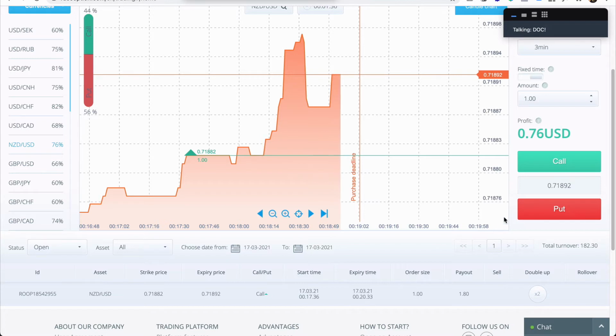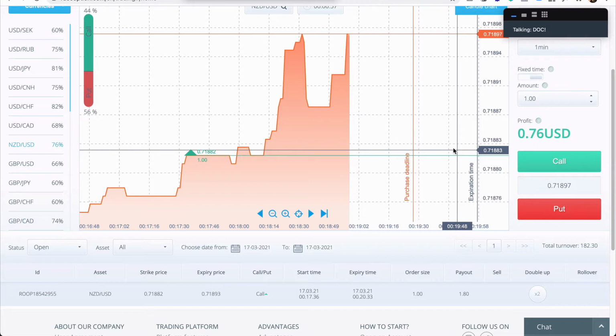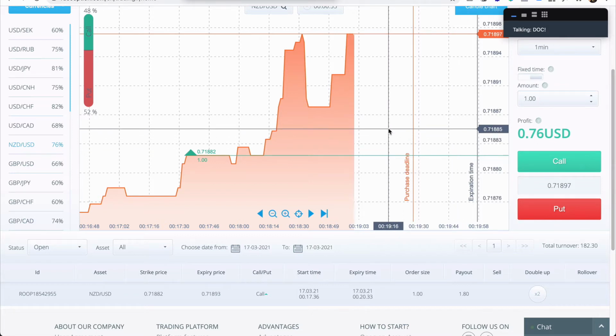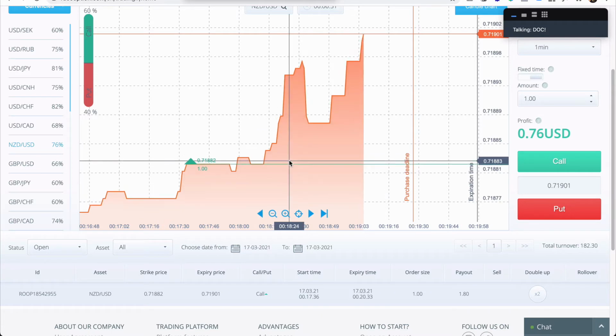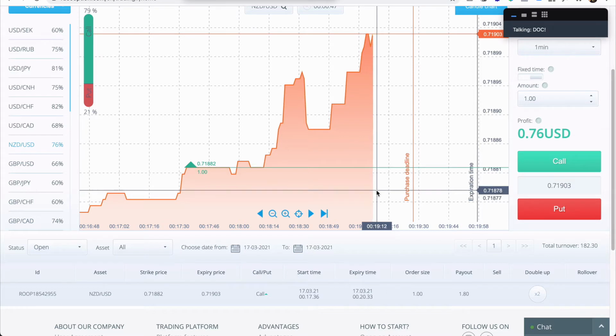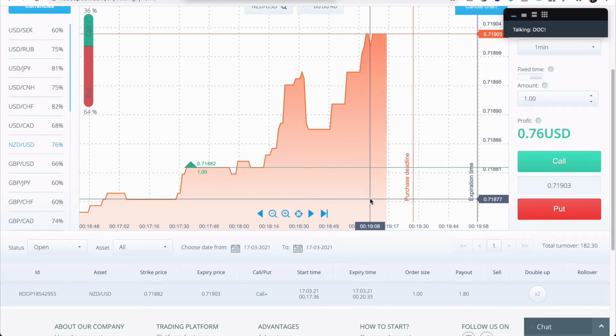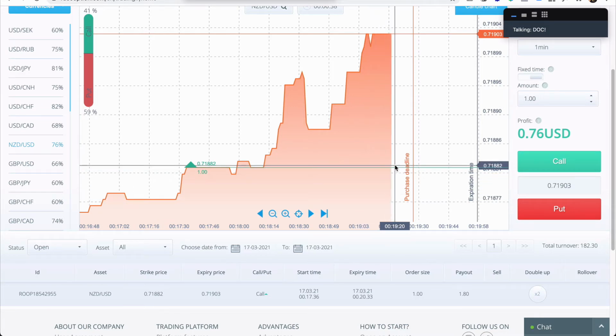Double up. Let me see something. Double up means if I like the trade idea. So for instance, I'm in a call now. Let's say price shoots down, but I'm very confident in my trade. I will hit the double up. What that means is it enters a new position, but does not affect the time.